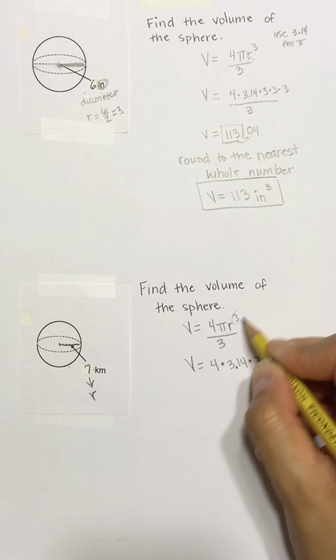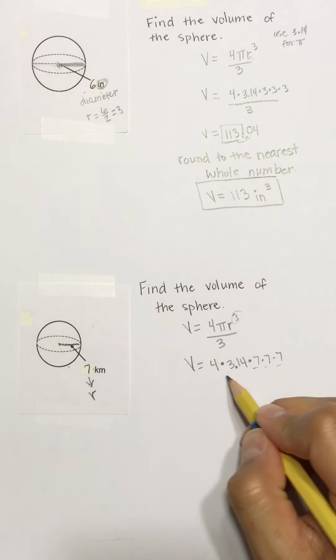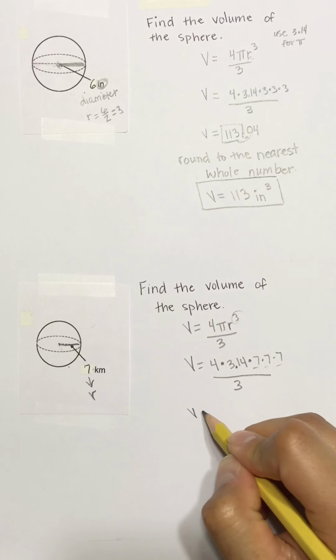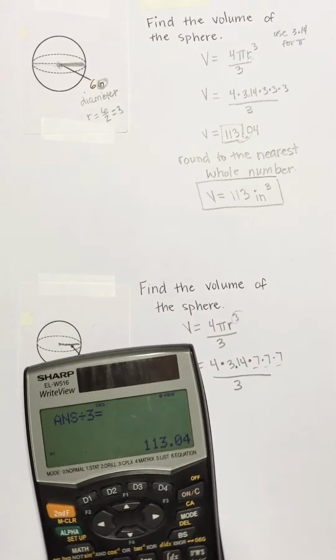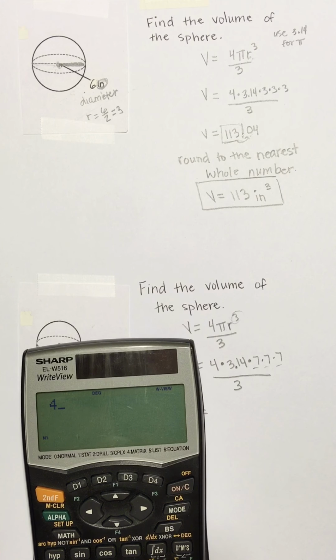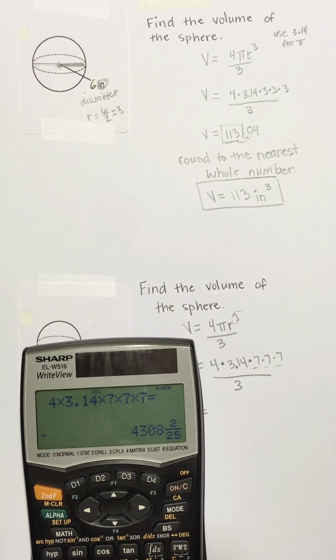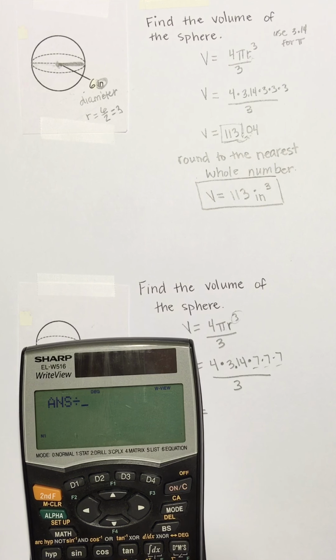You see how there's 3 of them? That's what cubed means. And then all of that divided by 3. So go ahead and put that in your calculator. 4 times 3.14 times 7 times 7 times 7. Enter, and then divide by 3.